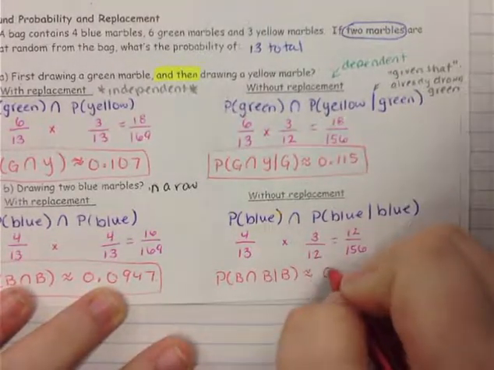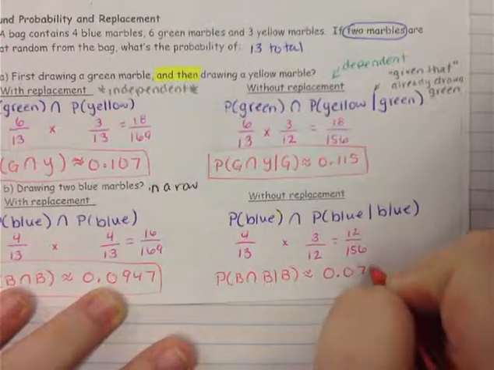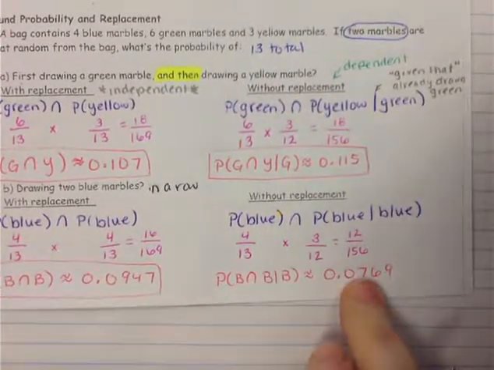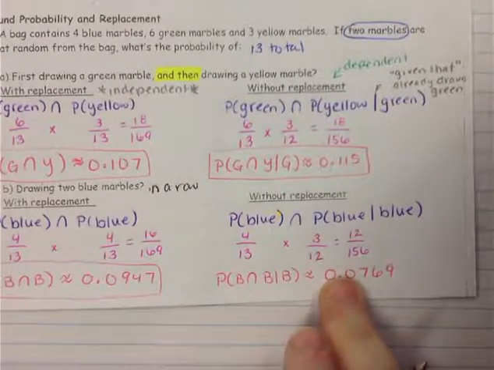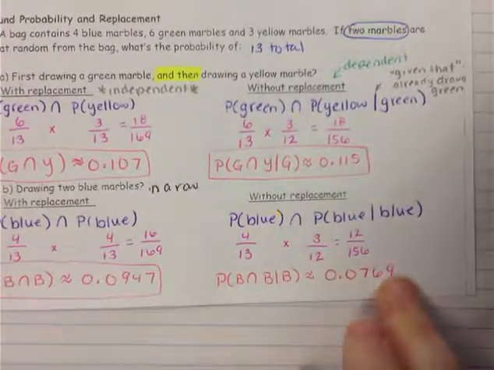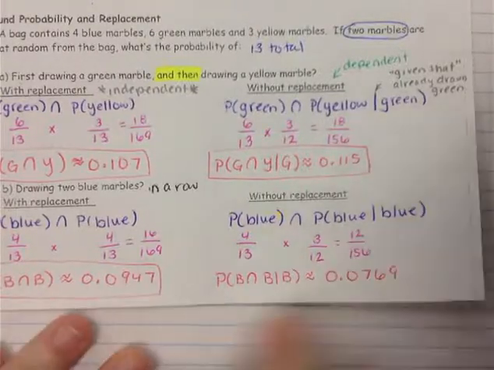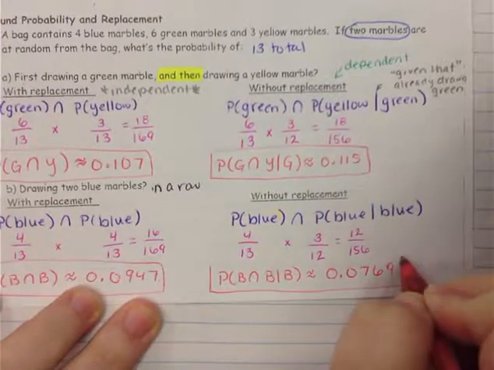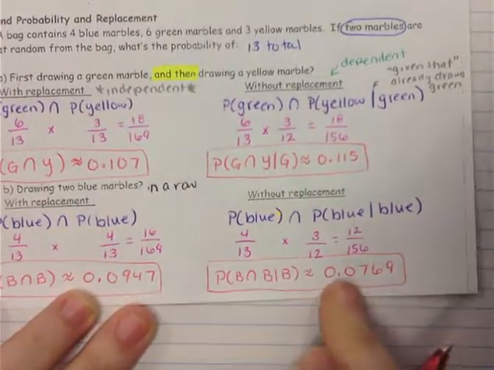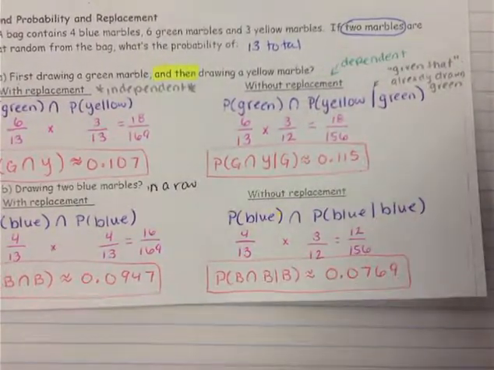This will be approximately 0.0769. We want 3 significant figures. That first 0 is not a significant figure, so we still have to write it, but we have to write the next 3 significant ones. And that probability is slightly smaller because it's harder to get the colors you want if you have less of the colors to choose from.